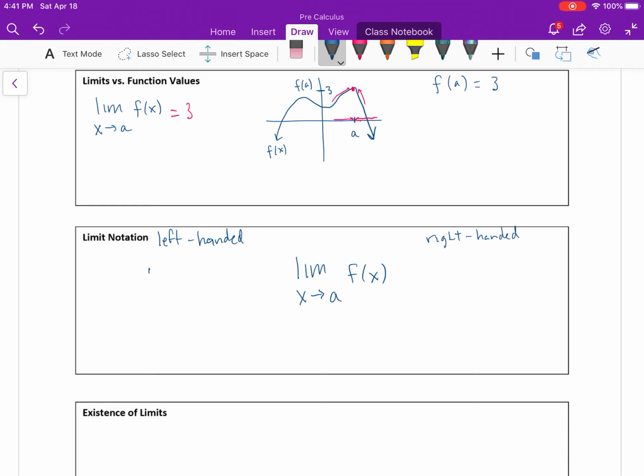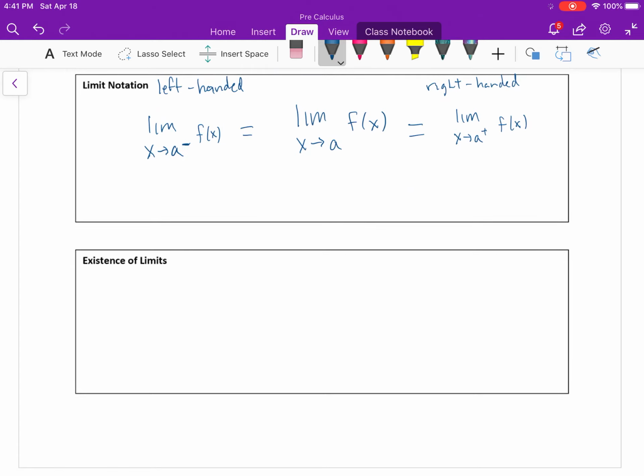So the left-handed limit we write like this: limit as x approaches A from the negative side of f of x. And the right-handed limit we say the limit as x approaches A from the positive side of f of x. And if all of these things are equal, then this limit here in the middle exists. If it doesn't, then the limit would not exist.